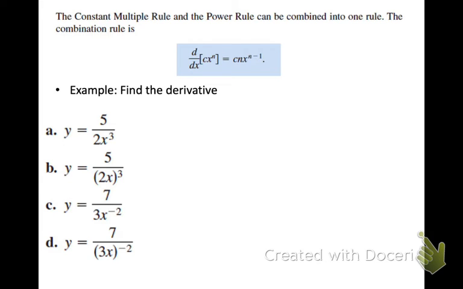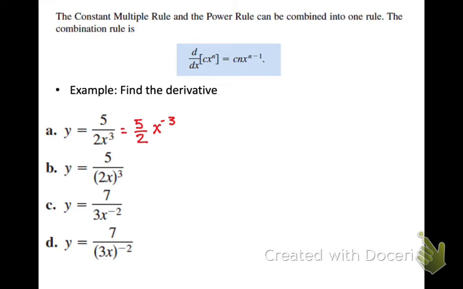How are these problems different? What's the difference between A and B? Well, in A, the 2 is not cubed. In B, 2x as a whole is cubed. Right. So here we would have 5 halves x to the negative third.